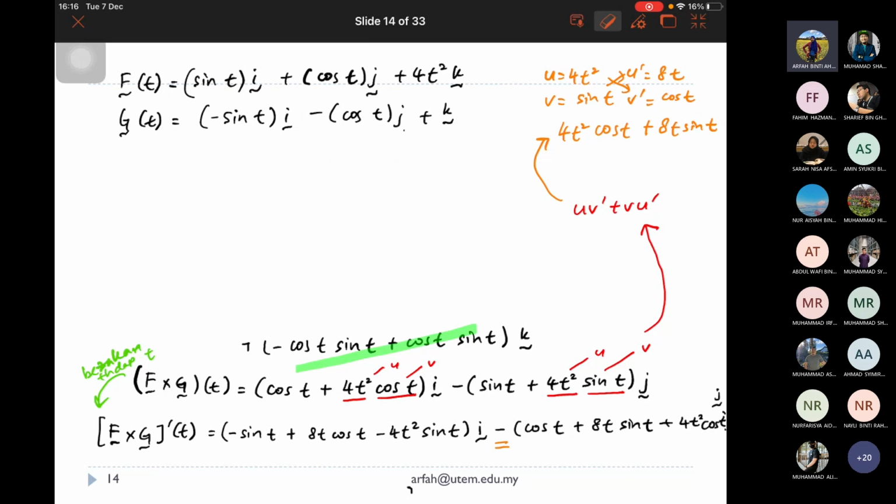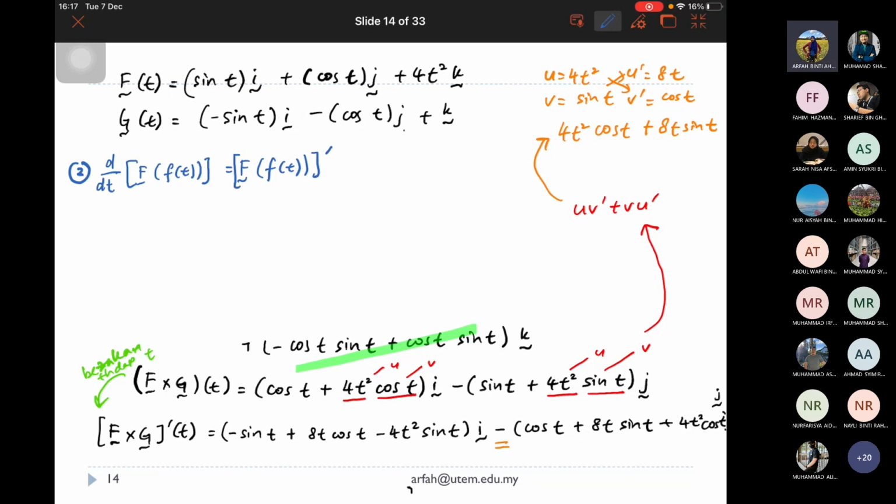Soalan dia minta d over dt of F of f(t), nak dapatkan F vector of f(t) function, f prime t.